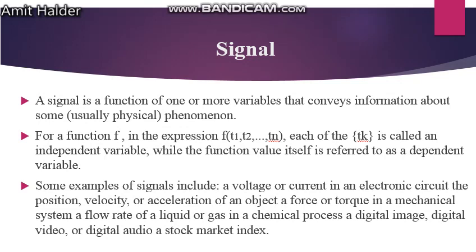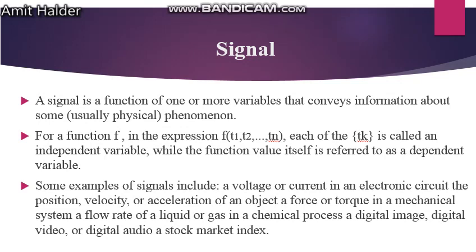So a signal is a function of one or more variables. Basically, in communication engineering or continuous signal and linear system courses, we take the function as a function of time.